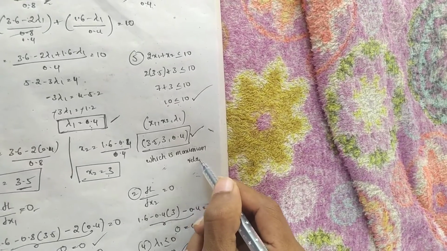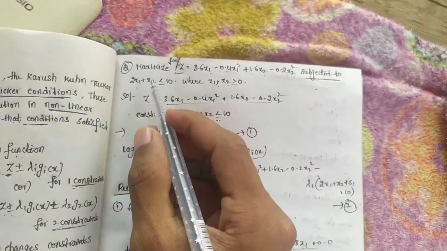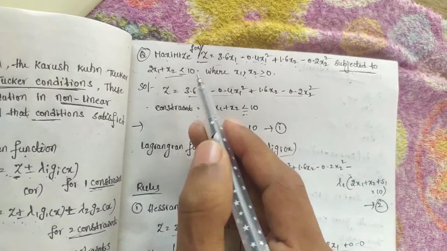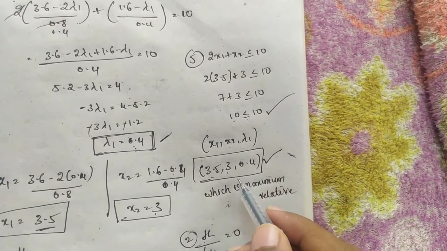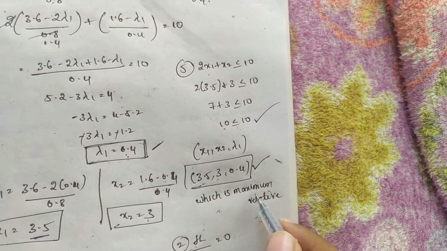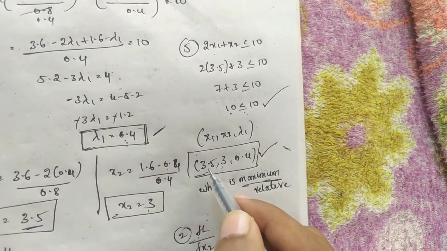Here the question asked to maximize z subject to these constraints, so we can say that the values 3.5 and 3 give the maximum of the given function. The function can be maximized at 3.5 and 3.